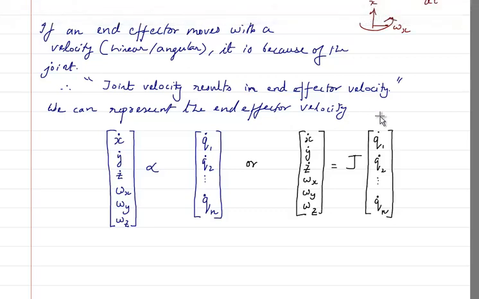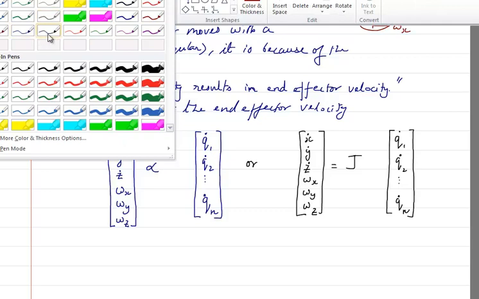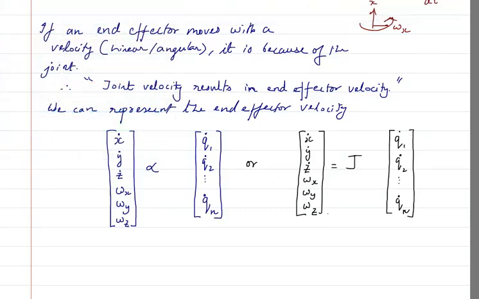Now when we define, we have to define what is the size of the matrix. So that is very important. This is a matrix which is having 6 rows and 1 column, and this is a matrix which is having n rows and 1 column. So what should be the size of J so that we get this answer as 6 cross 1? As you know, this has to be of size 6 cross n.